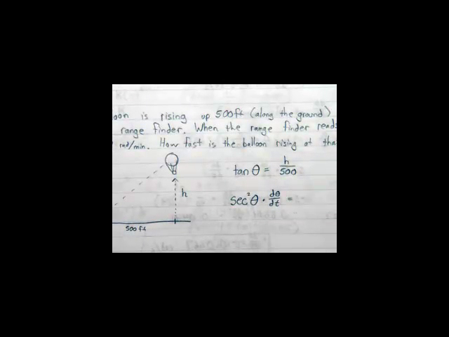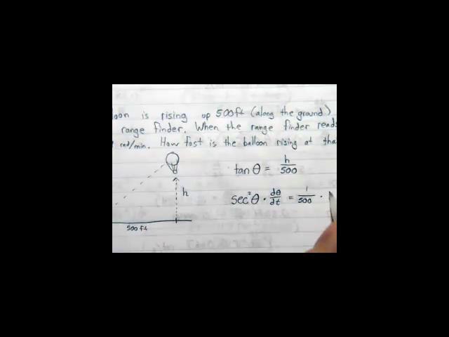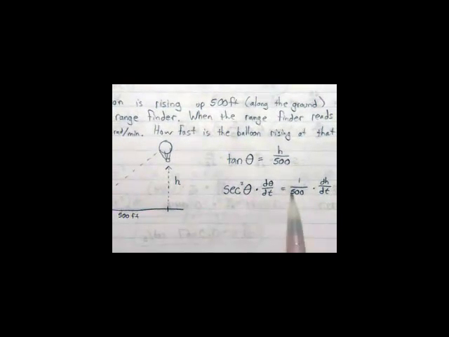So what is the derivative of h over 500? dh over dt, yep. Okay, so what in this equation is what I'm searching for? dh dt, right. So I should be able to find numbers to plug in for theta, d theta dt, get dh dt. Do I have both of those two things?